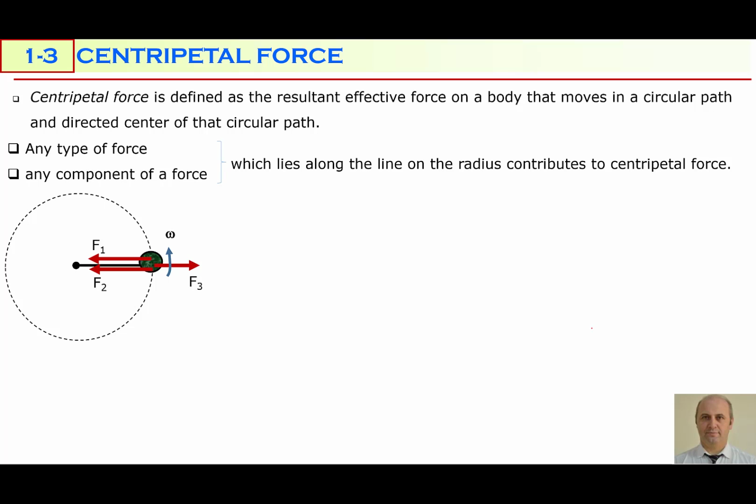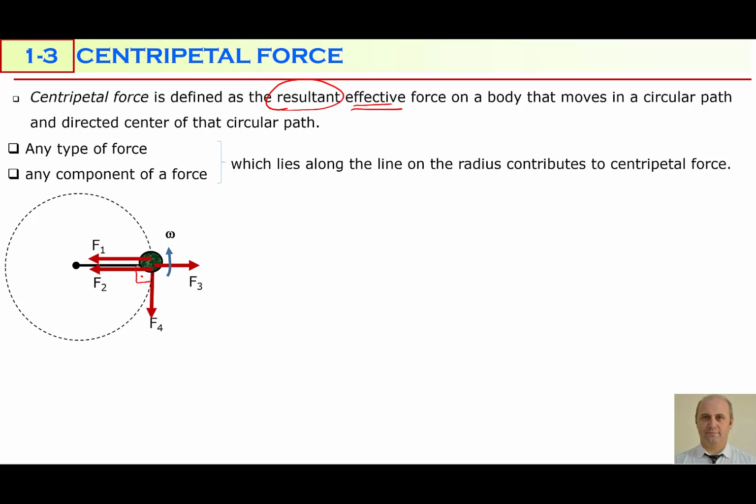So what if there's a force perpendicular to the radius like that? This is important because remember, in the definition there is the word resultant, so we find the resultant, but effective. Any force which is perpendicular to the radius is not effective. They do not affect the centripetal force. And here F4 is perpendicular to the radius.